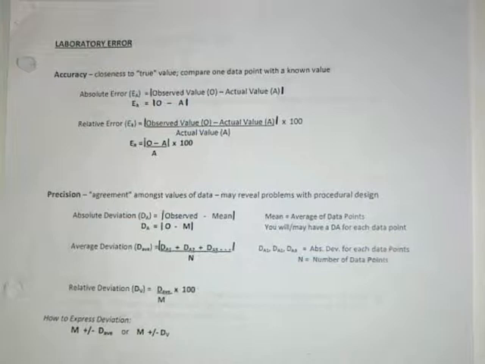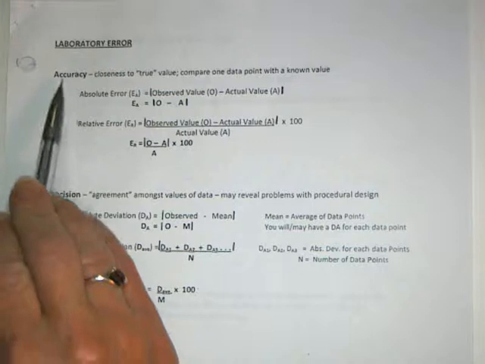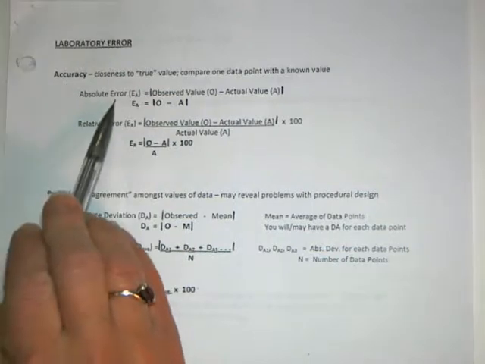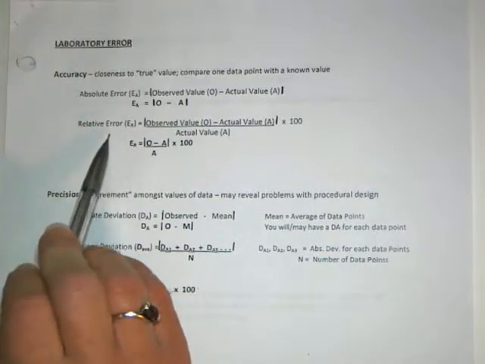Here are the official equations that we will follow whenever we are analyzing accuracy or precision. In honors chemistry, we just referred to accuracy as error and then percent error.